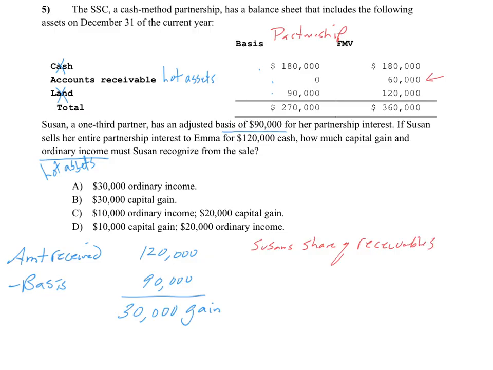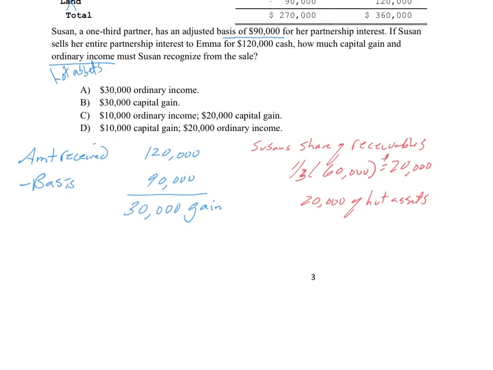We care about that because those receivables are hot assets. So it's 1/3, whoops, I just wrote 1/2, 1/3 of $60,000 equals $20,000. So Susan has $20,000 of hot assets when she sells that partnership interest.